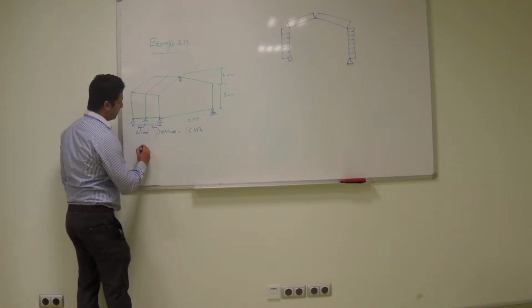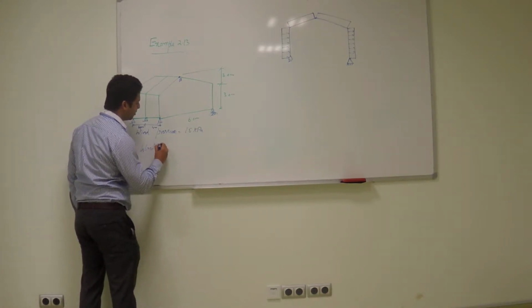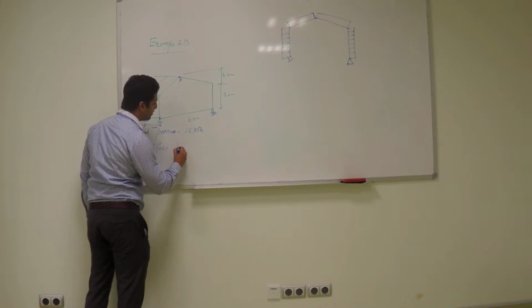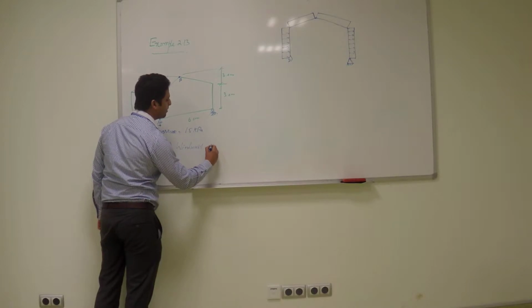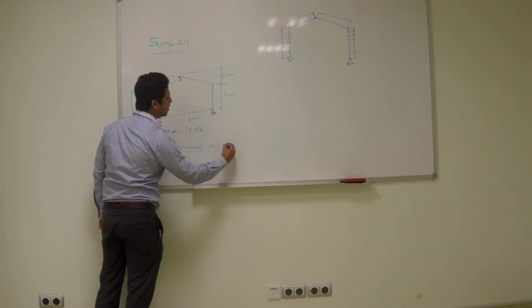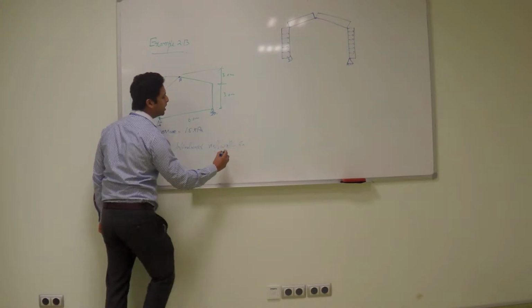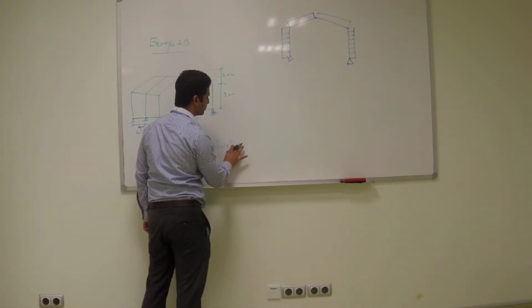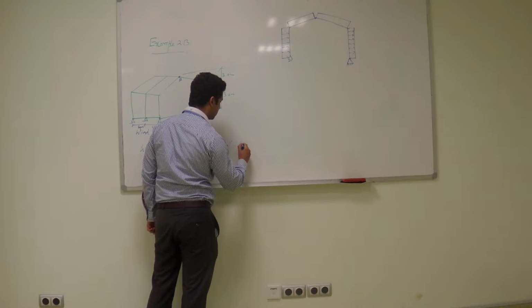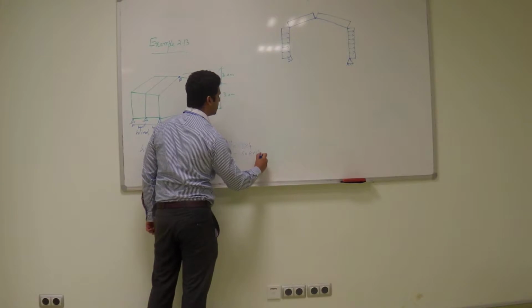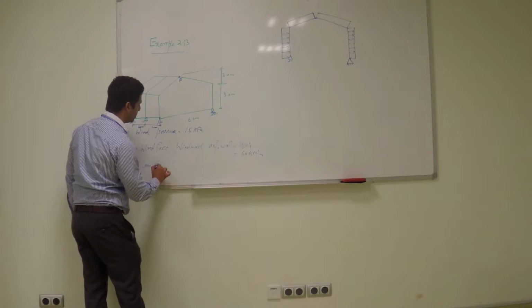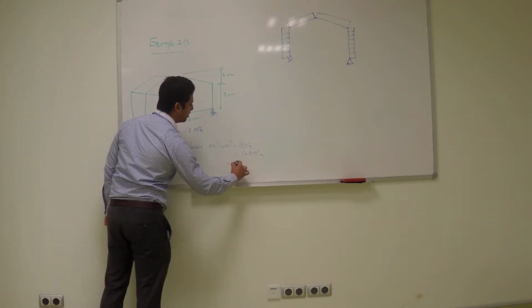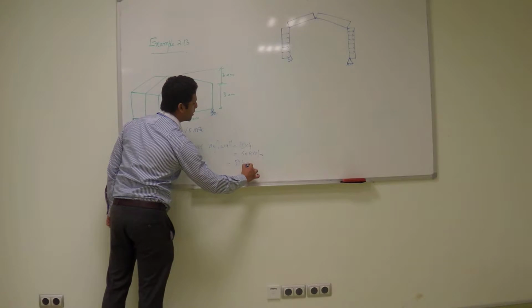So the wind force on the windward roof and wall will be 15 into 4, 60 kilonewton per meter. And on the leeward side, it will be 5 multiplied by 4, it will be 20.